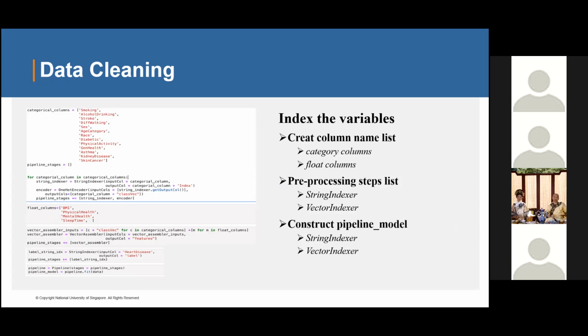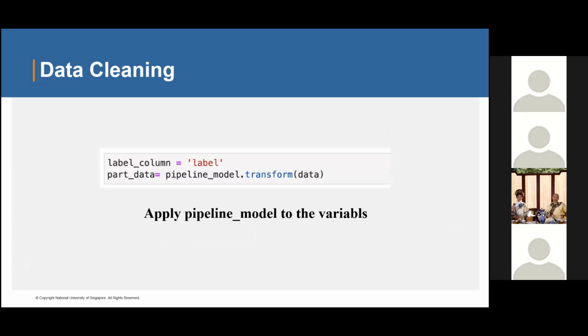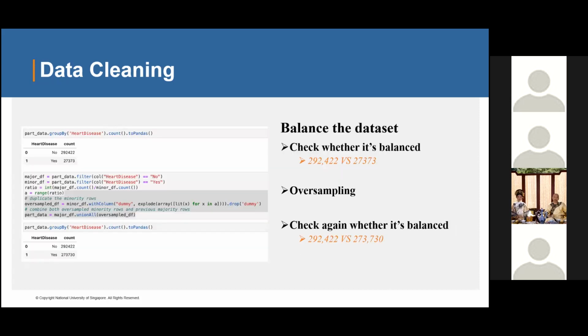Next page, please. After that, we transform pipeline model into a new data frame. Here, the dataset is almost ready. Next page, please. Next, we will check whether the dataset is balanced. Using group by function, we can see that there are about 292 people with heart disease and only 27 people without heart disease.